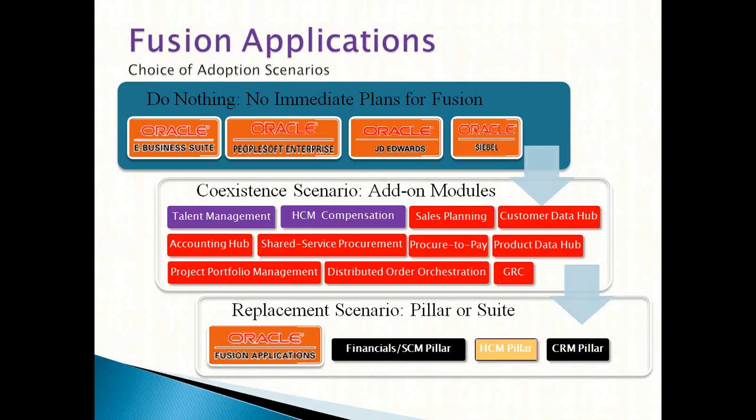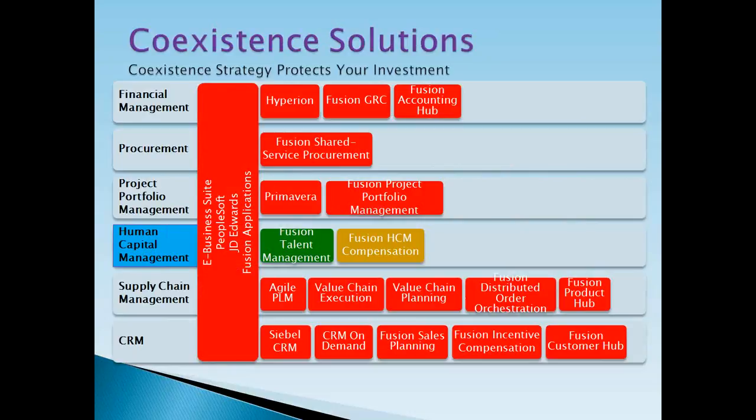Instead of going for the E-Business compensation, try the Fusion compensation. Or you don't have the E-Business talent, so go and try the Fusion talent. So like this, we call it coexistence or the plug and play model. Even that is offered to the customers. So those who are not interested in fully transforming from their present applications to Fusion can continue with whatever they are on right now, or try some pillar or suite, or go for coexistence.